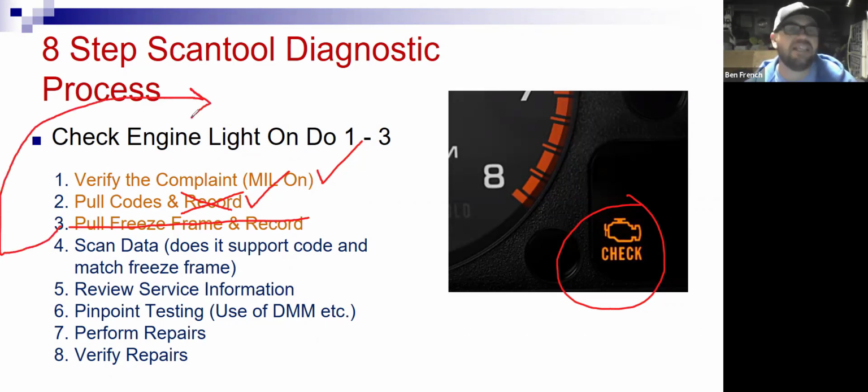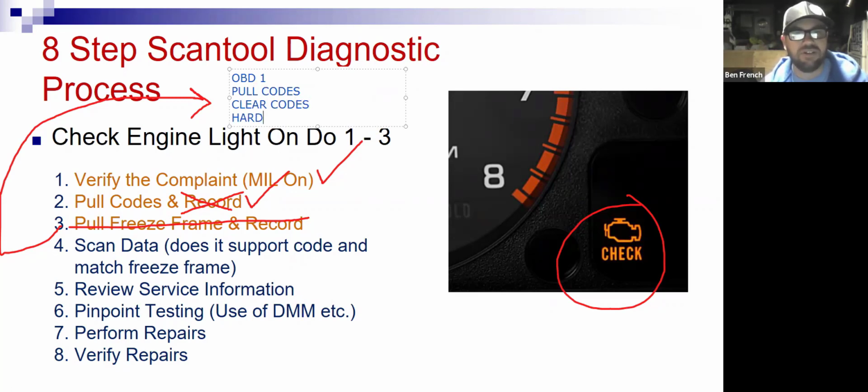Now, back in the 80s, and I'm dating myself here, but back in the days of OBD1, and I know a few of you guys do have OBD1 vehicles, this was the process. You would pull codes, then you would clear the codes, and you would see what came back.